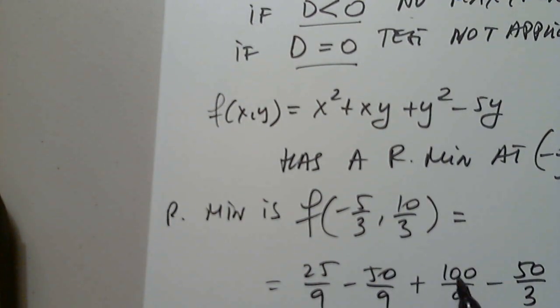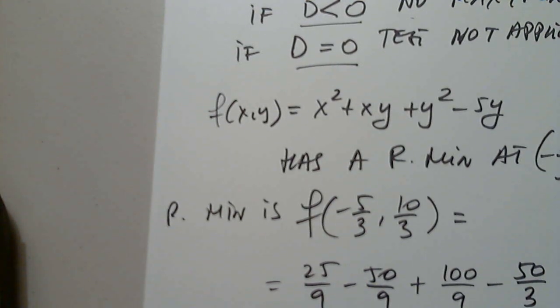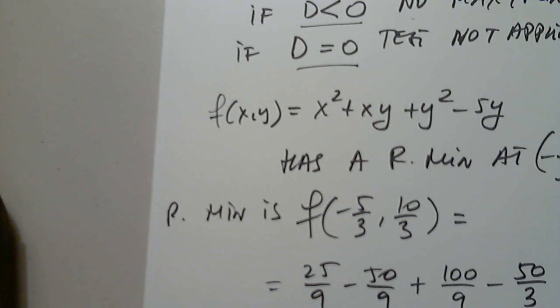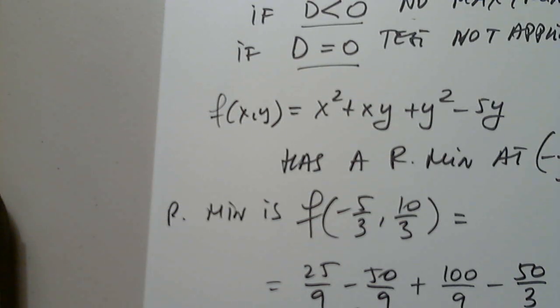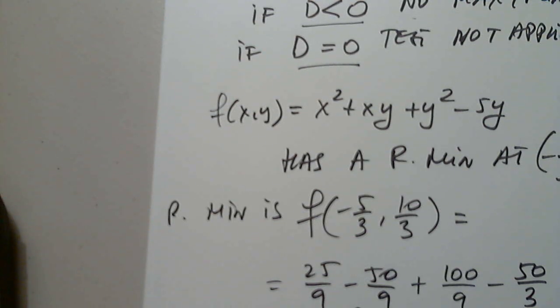Okay, so this minus this plus this is 75 over 9 minus 50 over 3, so I have to multiply this by 3. 75 minus 450 divided by 9. So what is it? Negative, correct me if I'm wrong, 375 over 9.